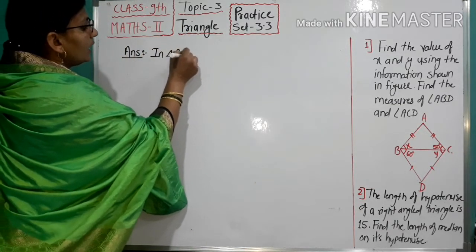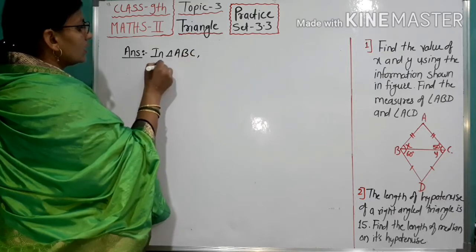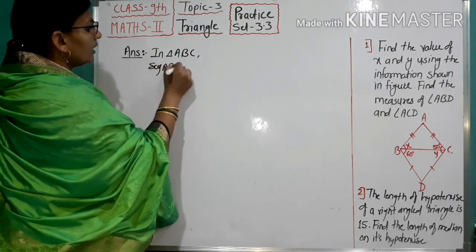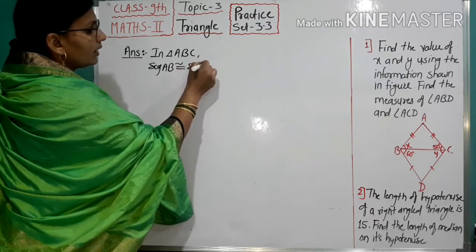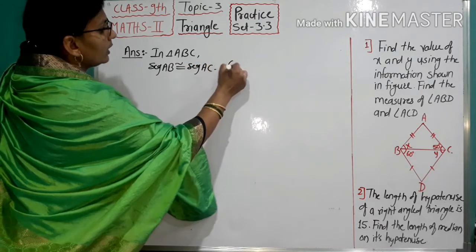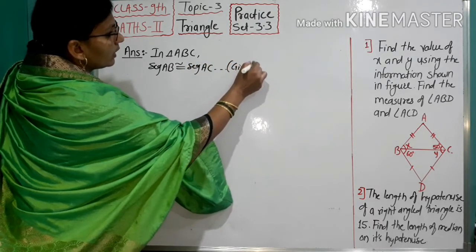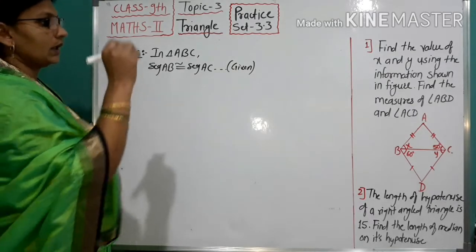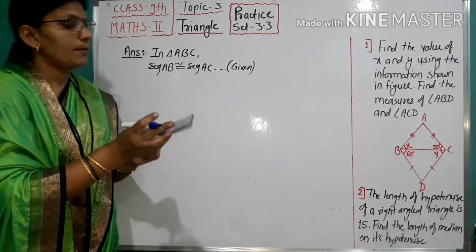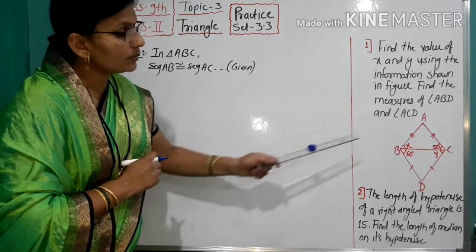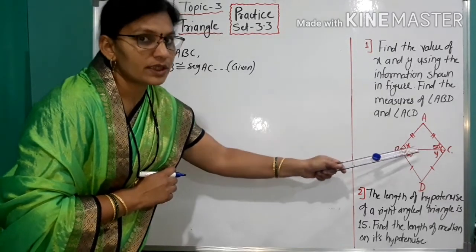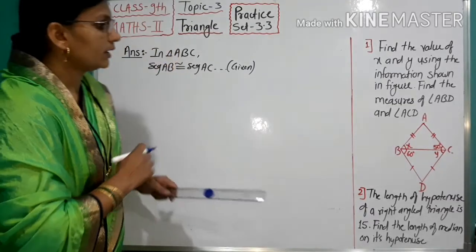In triangle ABC, segment AB is congruent to segment AC, given. Therefore, by the isosceles triangle theorem, the angles opposite to congruent sides are also congruent.